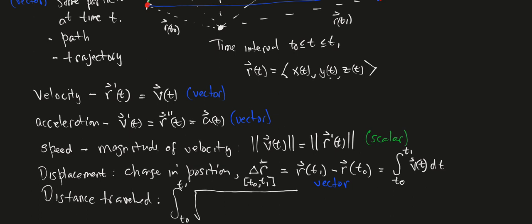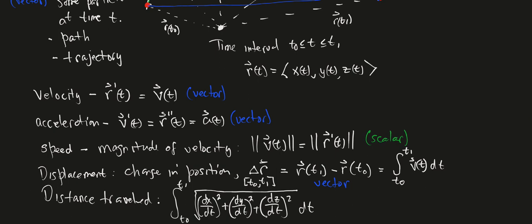But remember, if your vector function is in this form, its arc length is given by the derivative of x squared plus the derivative of y squared plus the derivative of z squared. Take the square root and integrate that.